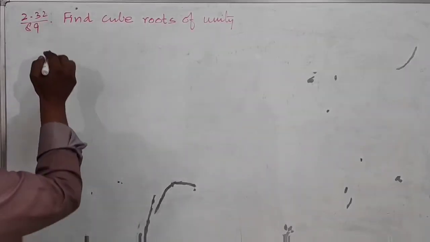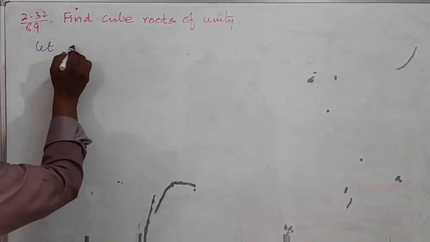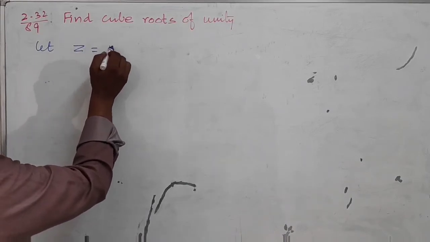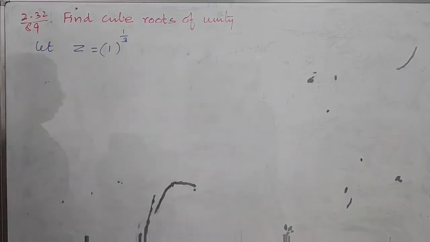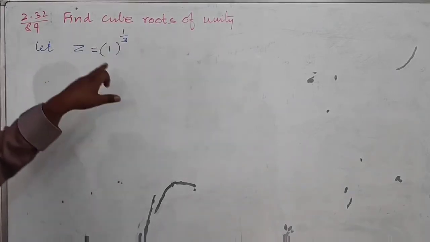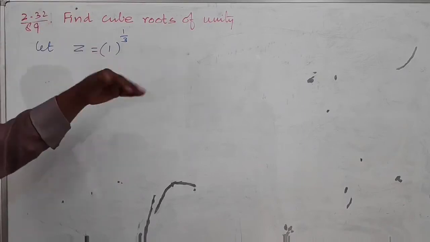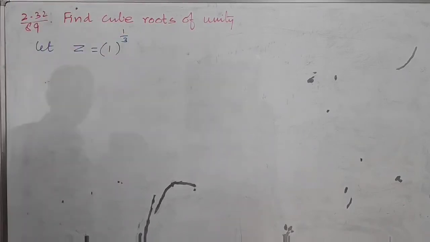Now we need to find the cube roots of unity. Let z equal 1 power 1 by 3. The cube root means power 1 by 3, the fourth root means power 1 by 4, and the 10th root means power 1 by 10.